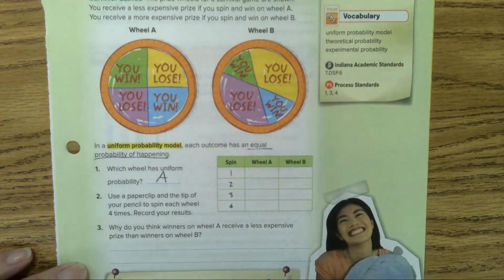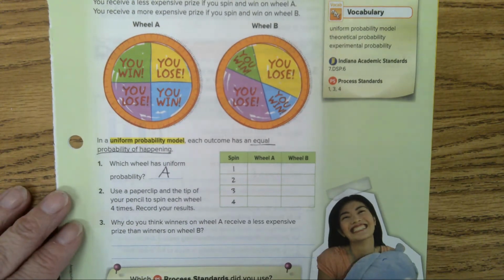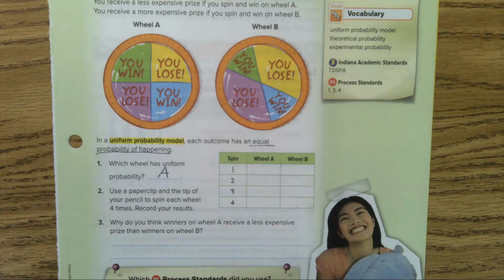In number 2, use a paper clip and the tip of your pencil to spin each wheel. We're not going to take time to do that and record the results because we don't have enough time in our short class period. Why do you think winners on wheel A receive a less expensive prize than winners on wheel B?